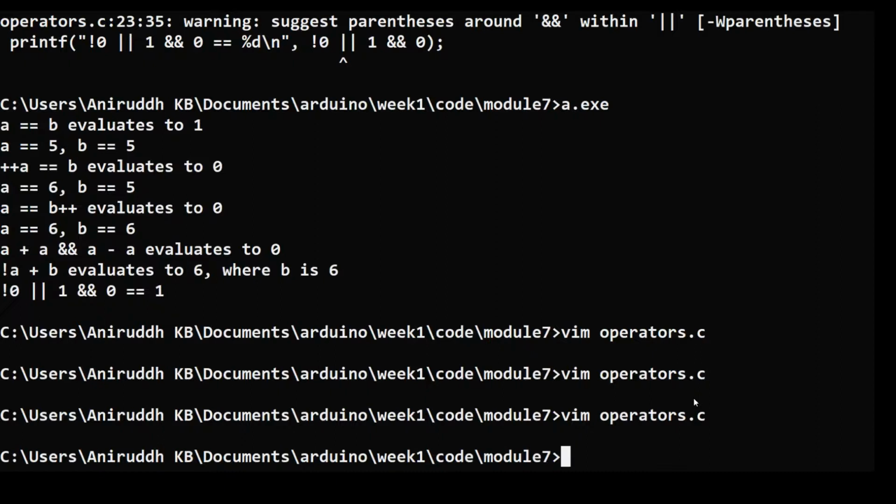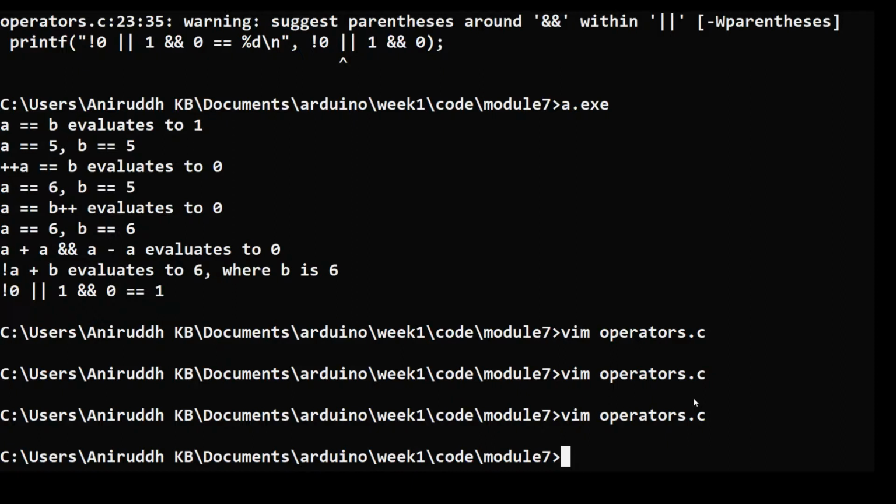Not 0 or 1 and 0 evaluates to 1. So what happens here is, first the not is evaluated. So we have 1 or 1 and 0. Now here, next what gets evaluated is the AND.